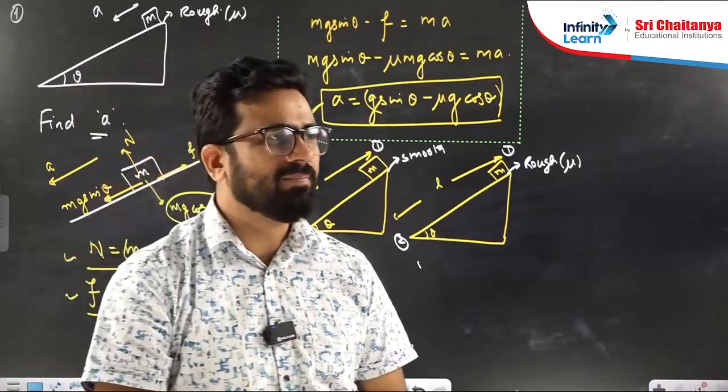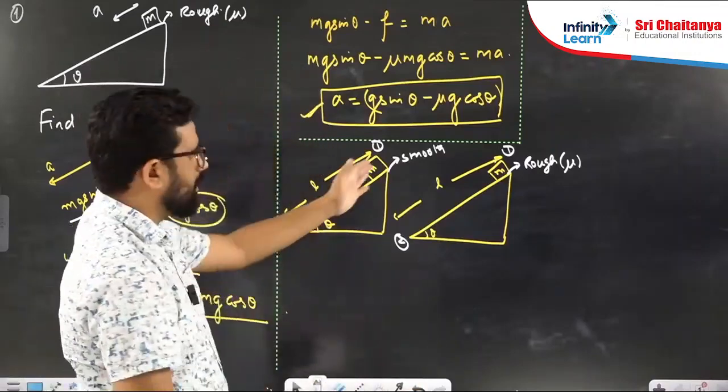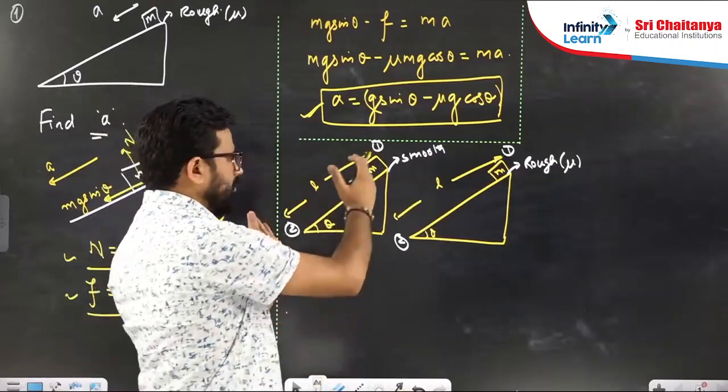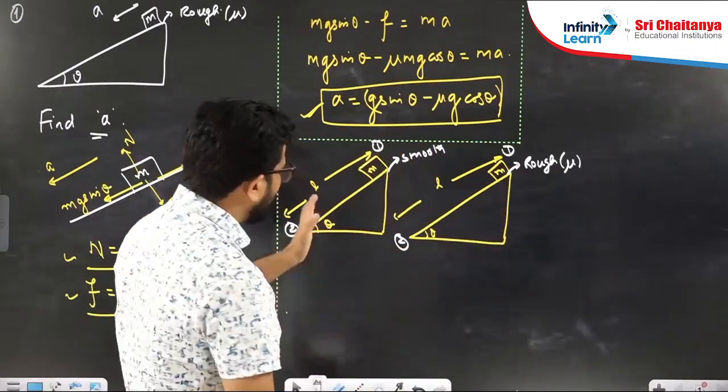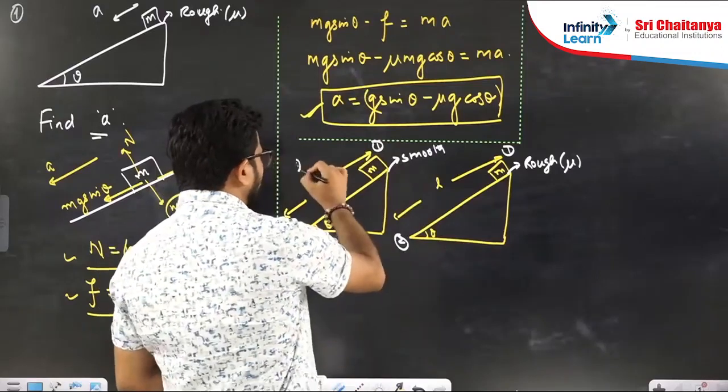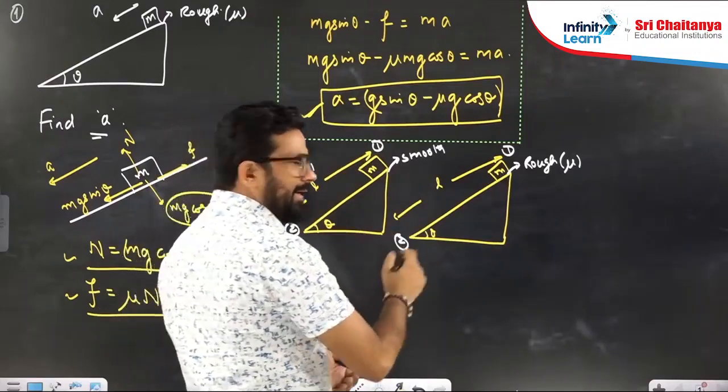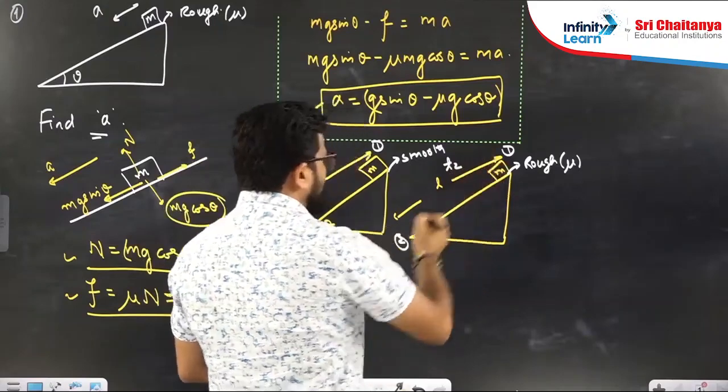Now the question is very simple. Focus on this question and you will understand. There are two inclined planes, this is the first and this is the second. In the first case the block takes t1 time to reach the ground, and in the second case it takes t2 time to reach the ground.